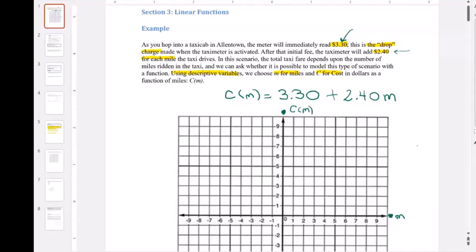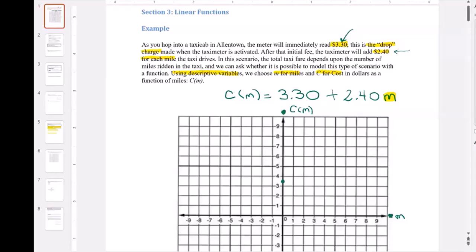So we have our horizontal axis, we have our vertical axis, and now we know what they are. And so when I go 0 miles, I plug in 0 into my M. And obviously 0 times 2.40 is 0. So I'm going to pay $3.30. It's going to be a little hard to be precise, but let's say this is my first point.